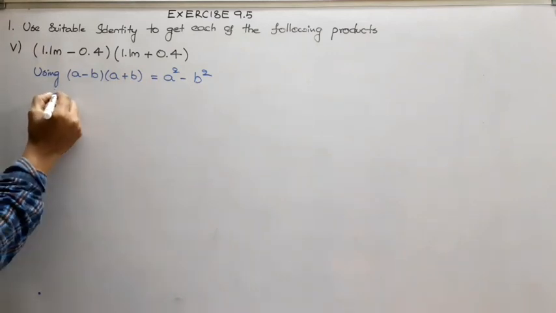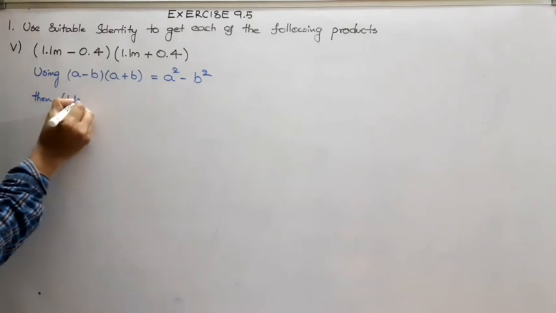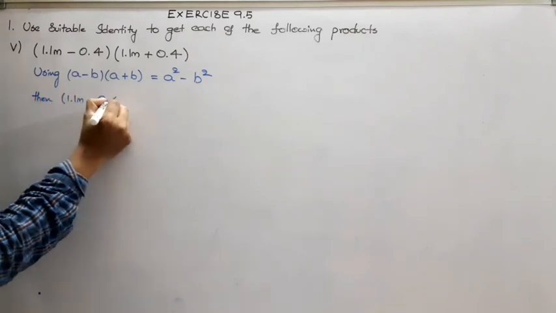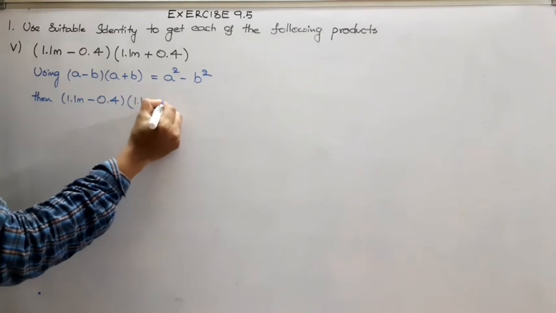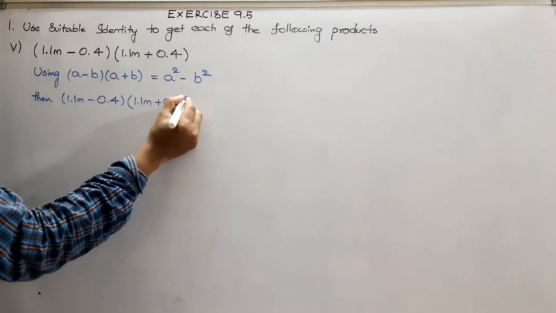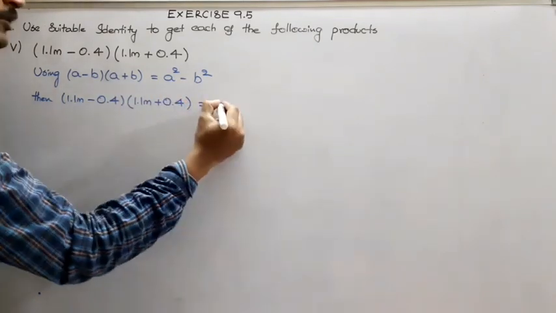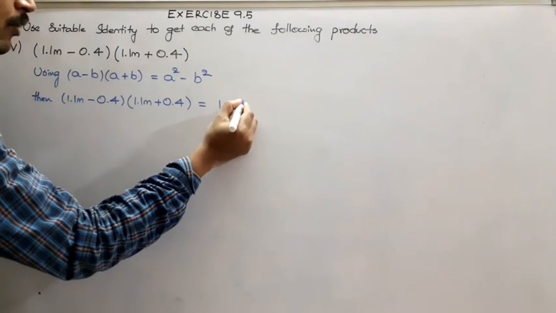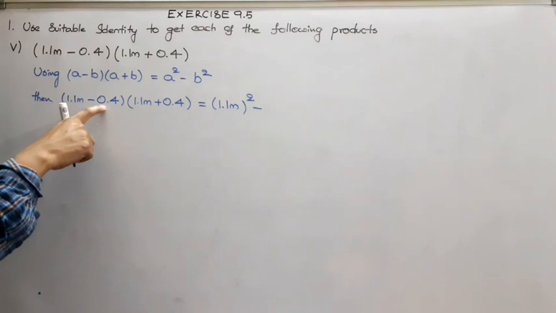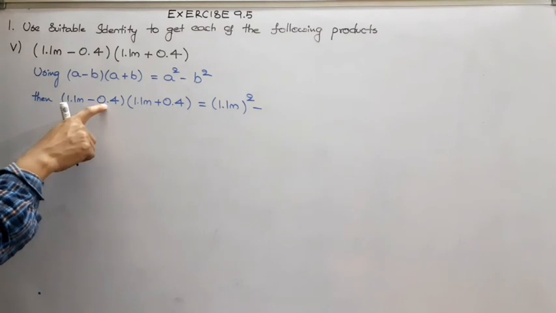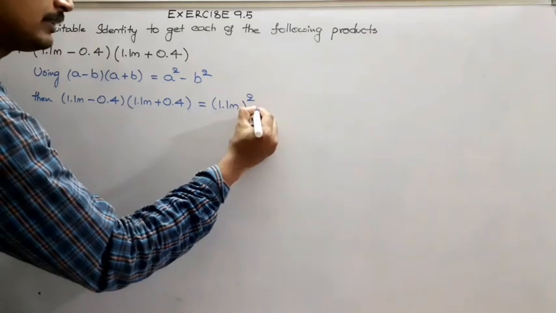Now, then, (1.1m minus 0.4) multiplied by (1.1m plus 0.4) is equal to a square, meaning (1.1m) whole square, minus b square. Again I am saying b means only 0.4, not minus 0.4. Please be careful with it, children.